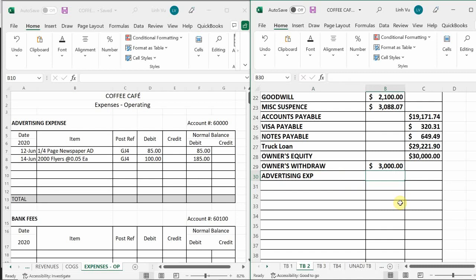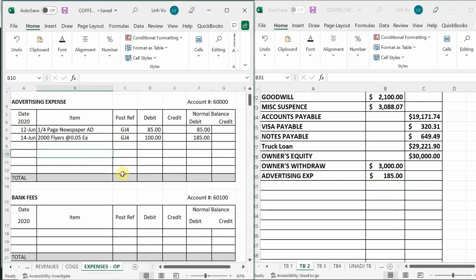What's my grand total that I spent on advertising? Okay, it's $185.